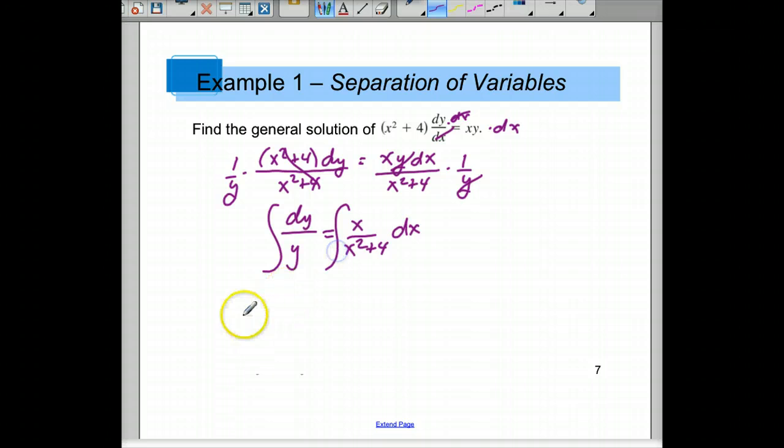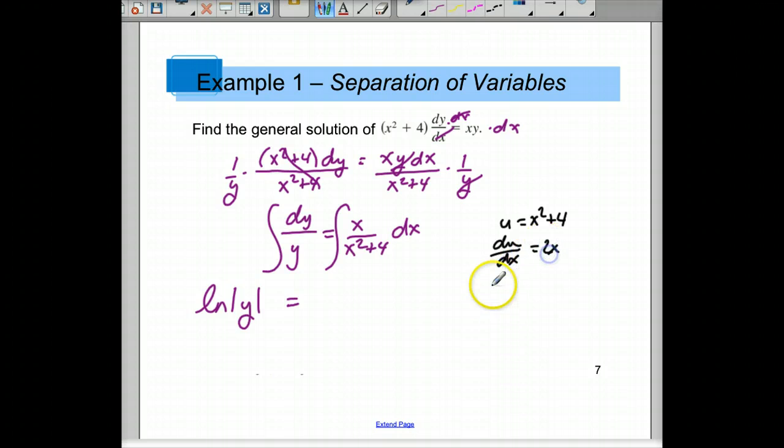Now we can integrate. The integral of dy over y is natural log of the absolute value of y plus c, but we're going to put that c on the other side. Here we're going to choose u as the denominator. Take the derivative of the denominator and then solve for dx.